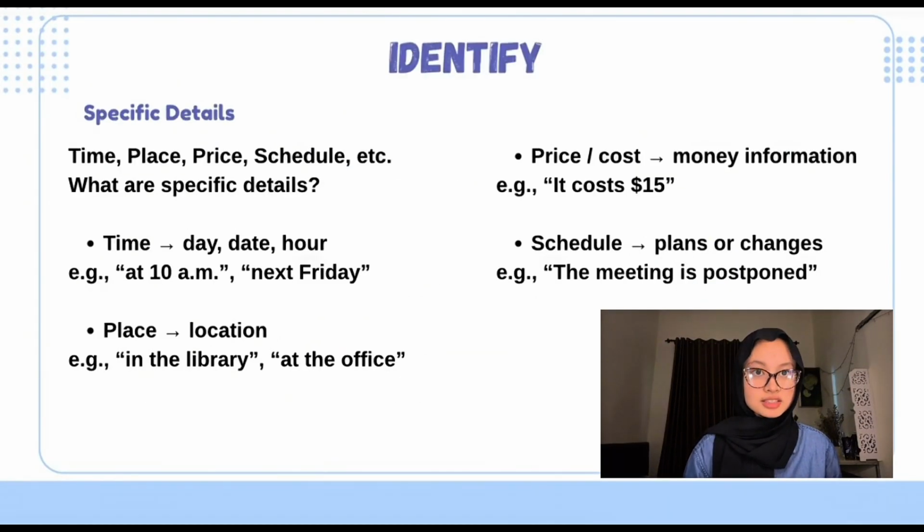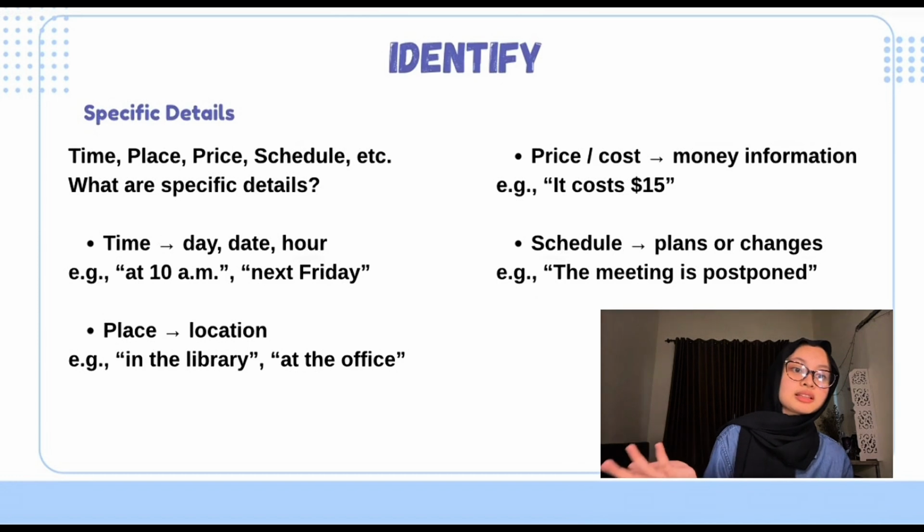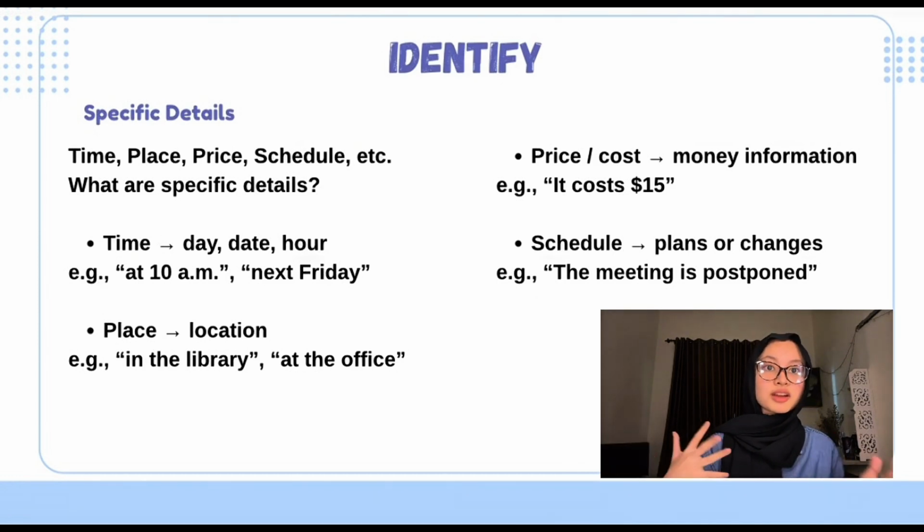Another thing that you can identify is the specific details like time, place, price, schedule, etc. because they are often asked directly in the questions. You can pay attention to time examples like at 10 a.m., next Friday; the place, for example, in the library, at the office; price or cost, for example, it costs $15; and schedule, for example, the meeting is postponed.